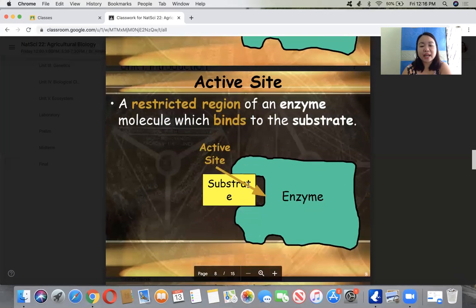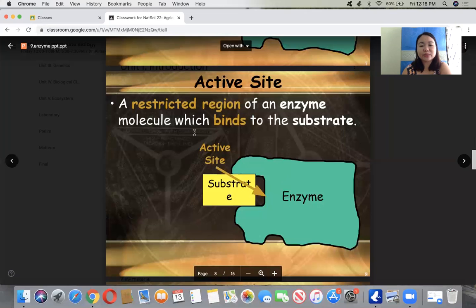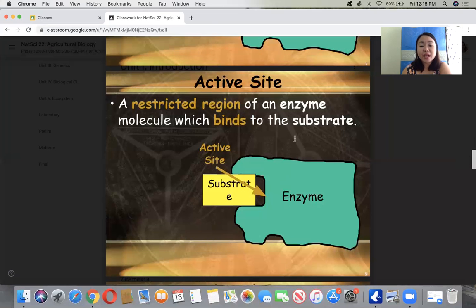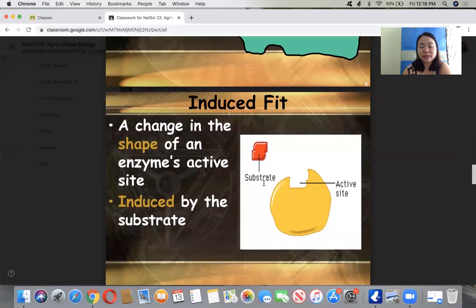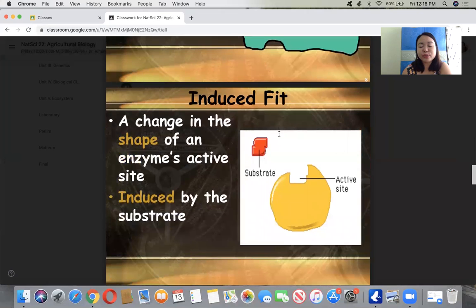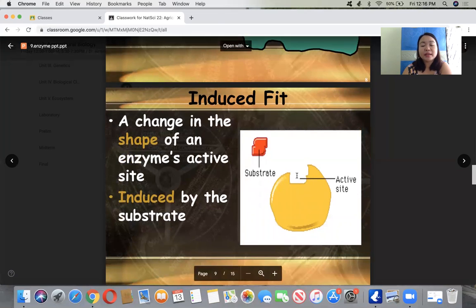The active site is part of the enzyme itself. It's a restricted region of an enzyme molecule which binds to the substrate, as shown in that figure. And we have the so-called induced fit, because the active site and the substrate must fit into each other's structure. A change in the shape of an enzyme's active site is called induced fit.